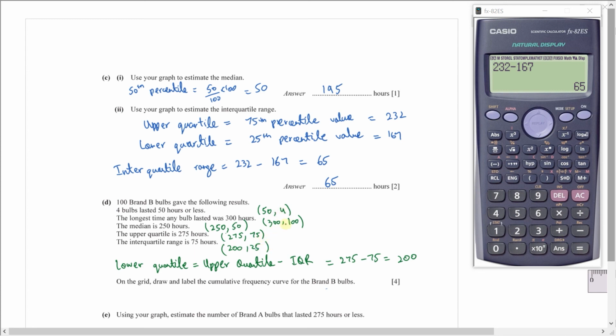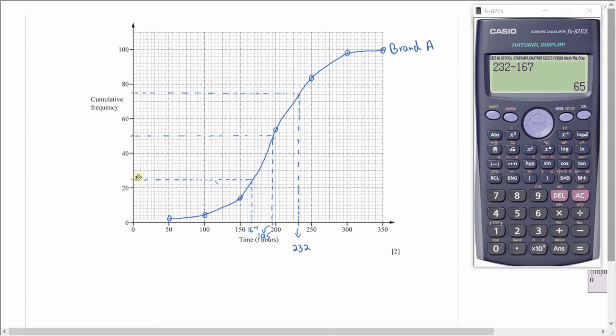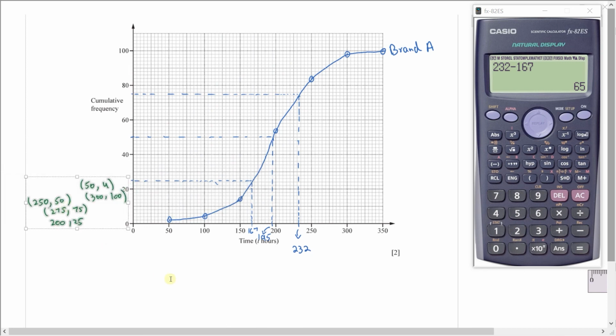So now we have these 1, 2, 3, 4, 5 points that we can use to plot this cumulative frequency curve for brand B. So let me select these and move them up so that I can plot the graph here. All right, let's use these points now.